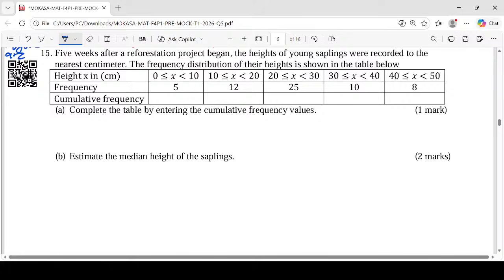We have the frequencies, then the cumulative frequency row that is blank. Part A says, complete the table by entering the cumulative frequency values, then you earn your 1 mark. The first value of the CF should be equal to the first value of the frequency, 5. So that will make it to be 5.